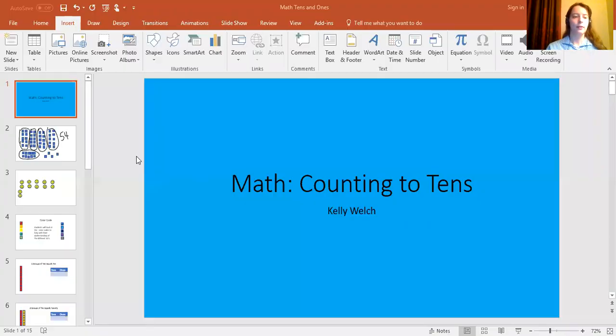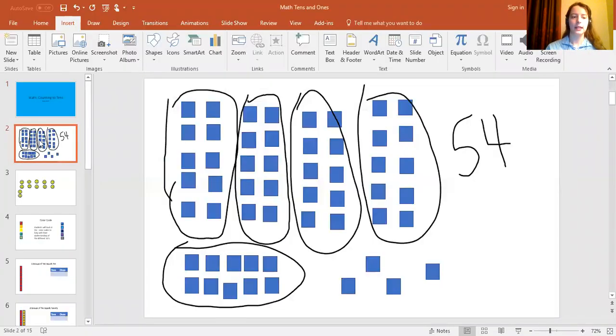So, for our slideshow here, now what we have learned the past few days, you remember that one group of 10 ones equals one group of 10.